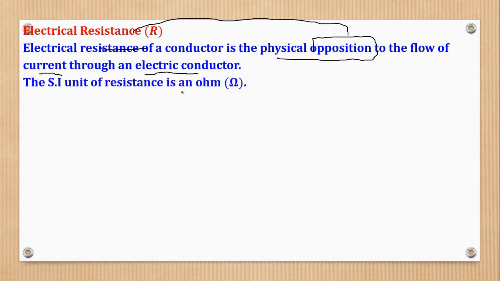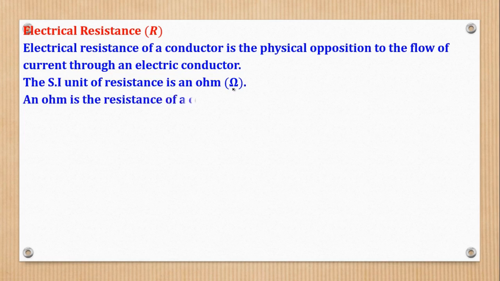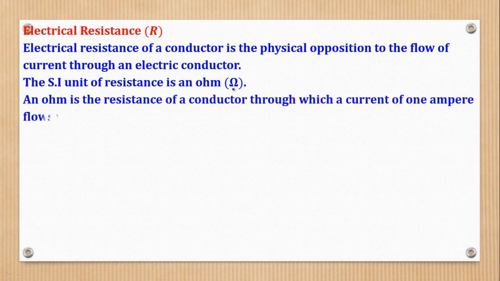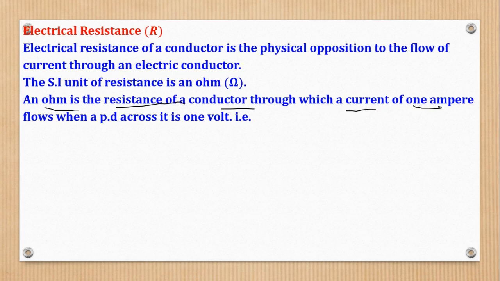The SI unit of resistance is what we call an ohm, denoted by this symbol. And an ohm is defined as the resistance of a conductor through which a current of 1 ampere flows when the PD across it is 1 volt.